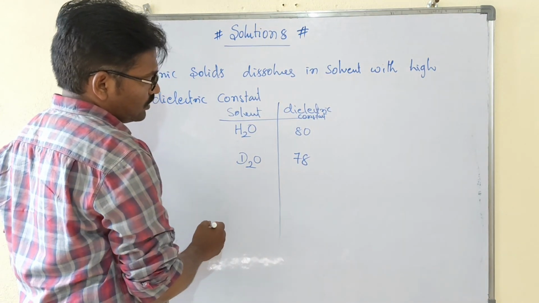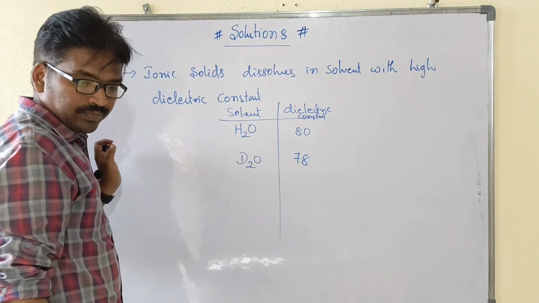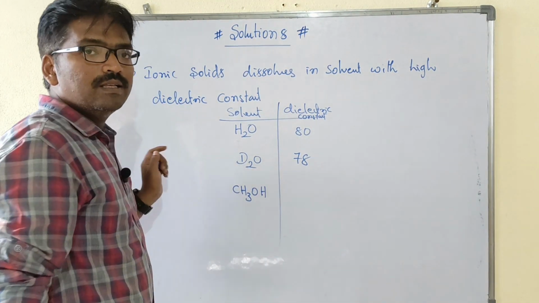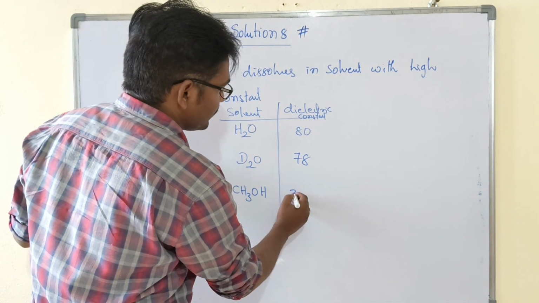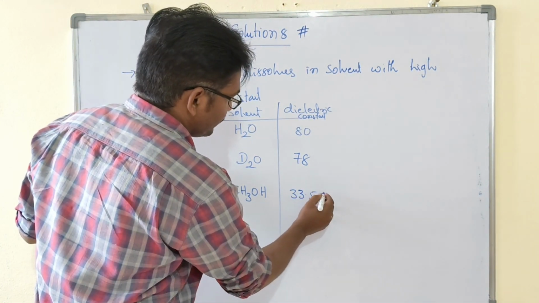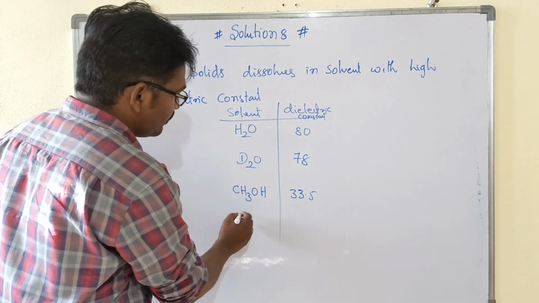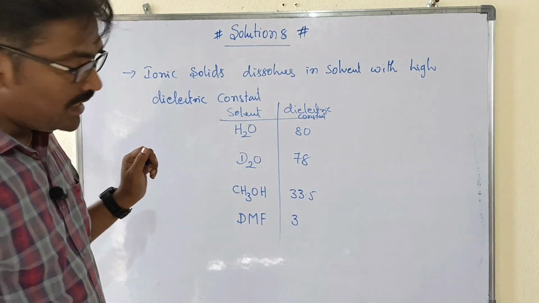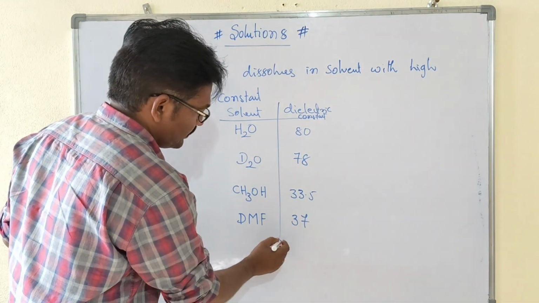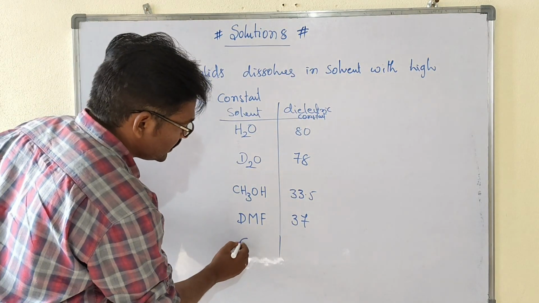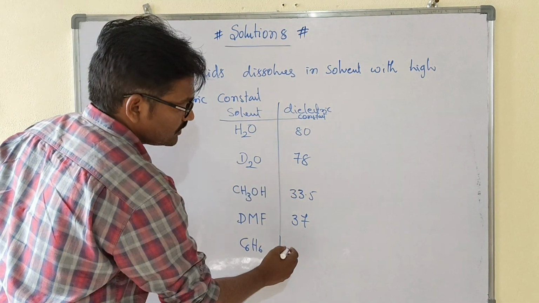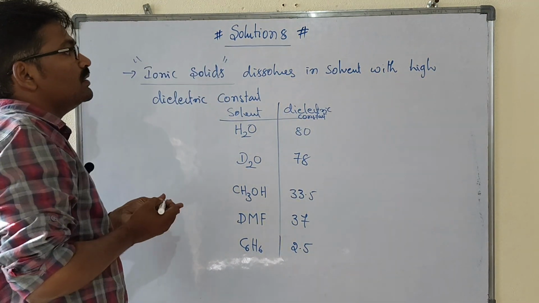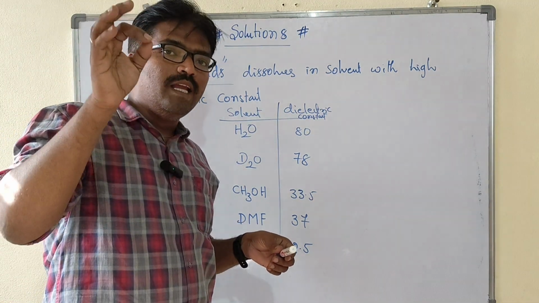Then methyl alcohol, CH3OH, is 33.5. One more, DMF, dimethyl formamide, has a dielectric constant value of 37. At last, benzene, C6H6, is 2.5. So ionic solids dissolve in solvents with high dielectric constant.